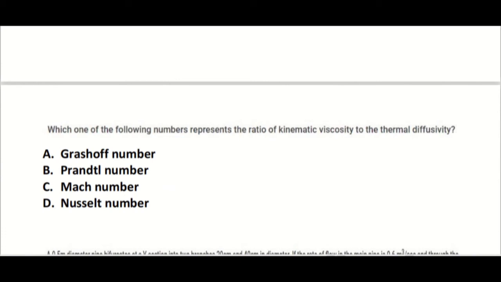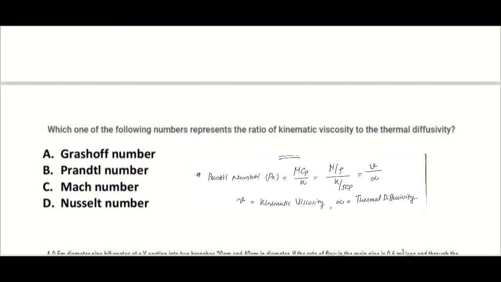Next, which one of the following numbers represents the ratio of kinematic viscosity to thermal diffusivity?